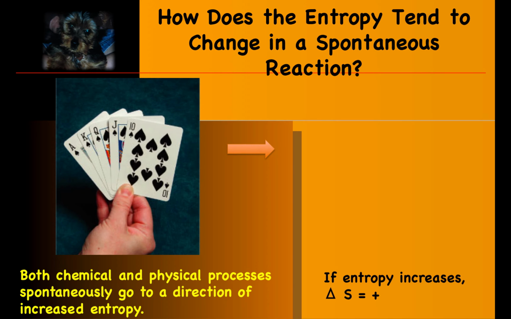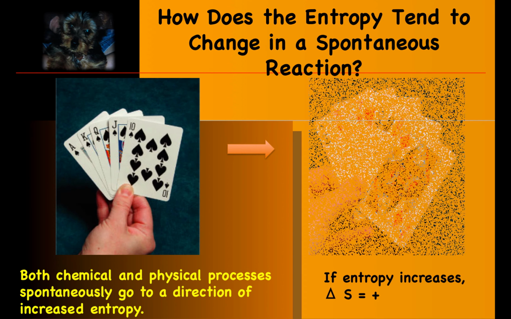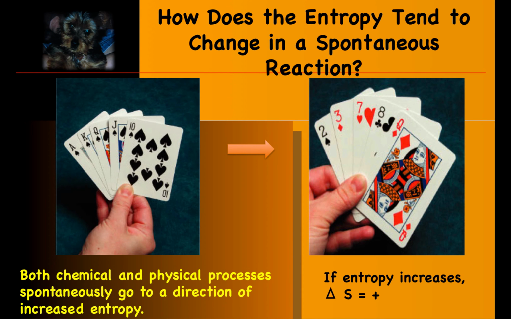So if you look at these 5 cards right here, they're perfectly arranged. That has a lot of order. The spontaneous reaction would be totally messing up that arrangement. As disorder increases, entropy increases.